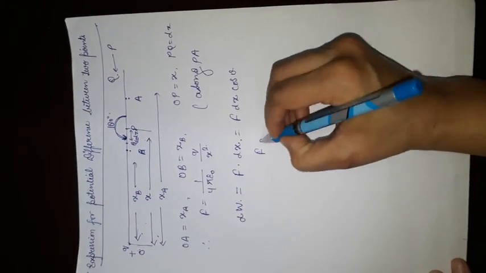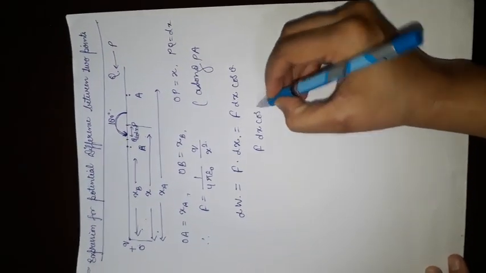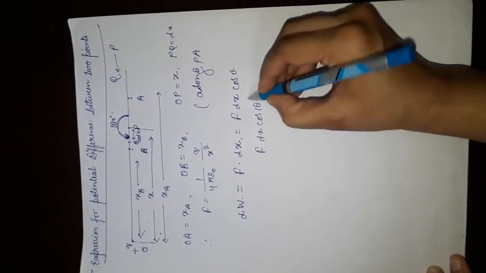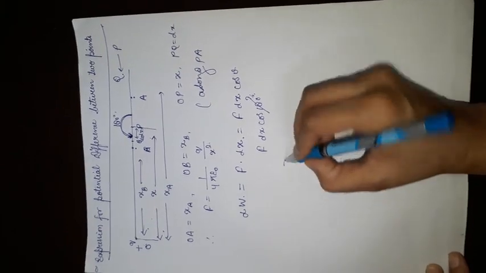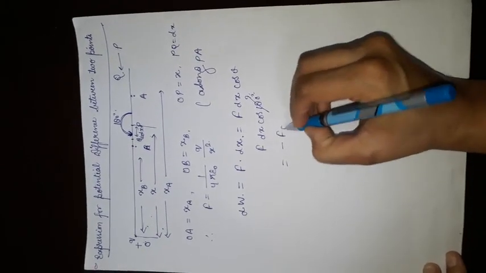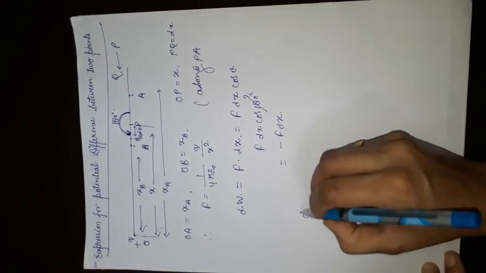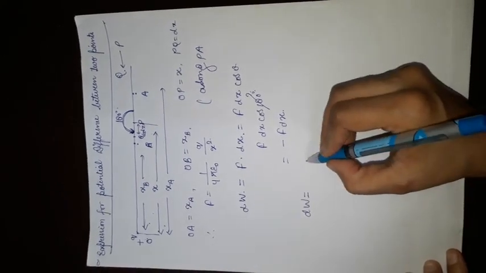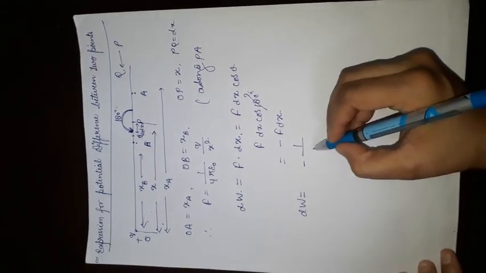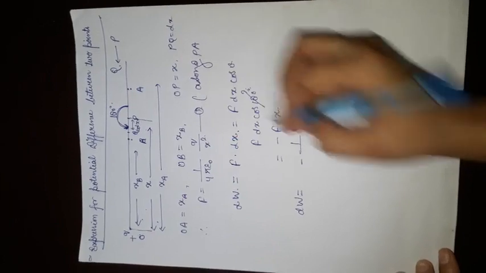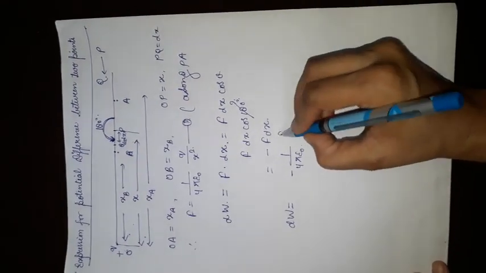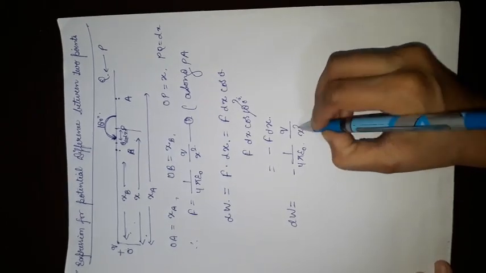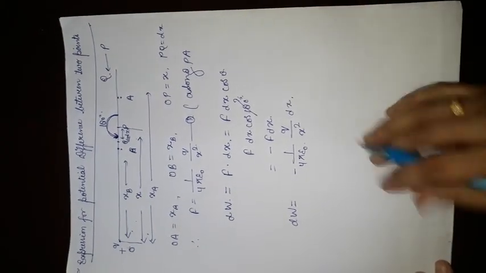So F dx cos 180 degree, and cos 180 goes to -1. So it will become minus F dx. So dW will be minus, we will put the value of F from equation 1, 1 over 4 pi epsilon naught Q over x square dx.